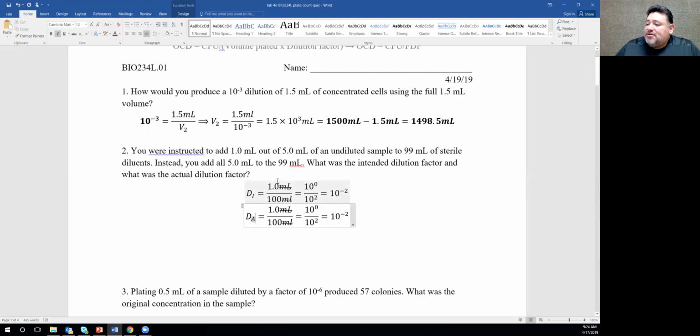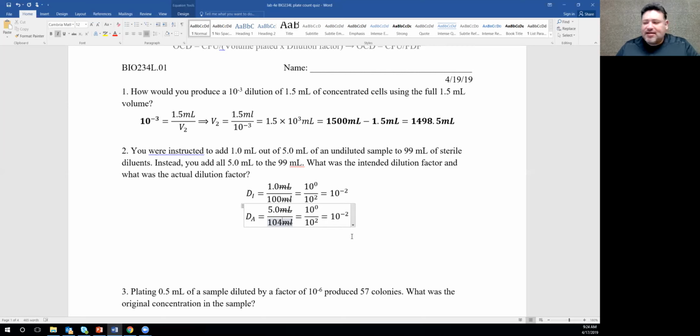So what did the student actually do? Well, instead of adding 1 milliliter to 99, they added 5 milliliters. So the initial volume was not 1 milliliter. It was 5 milliliters. And the final volume was not 100 because they added 5 to 99. So the final volume is 99 plus 5, which is 104.